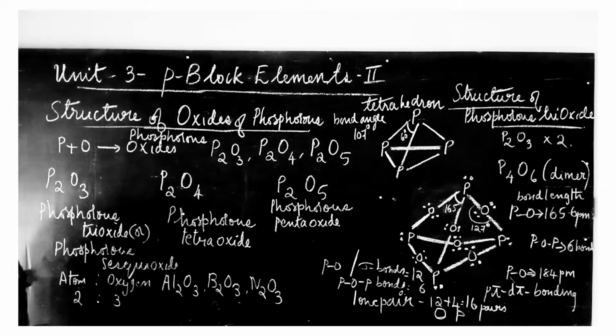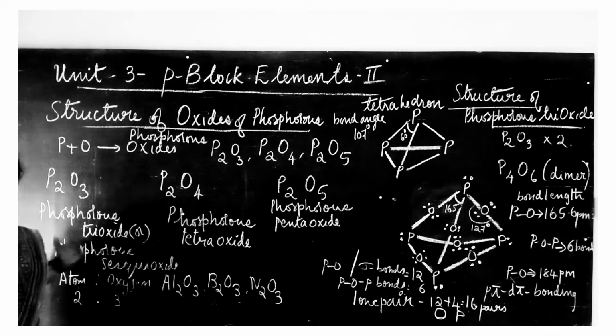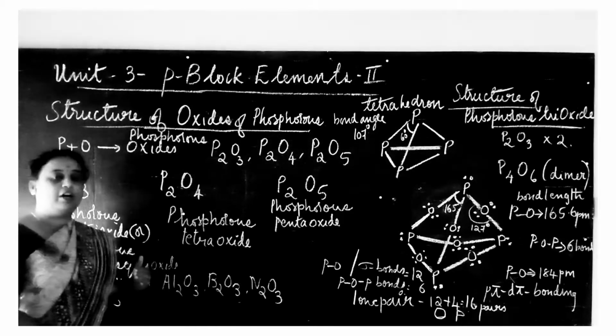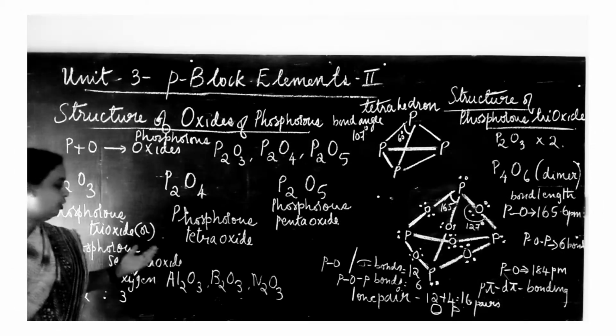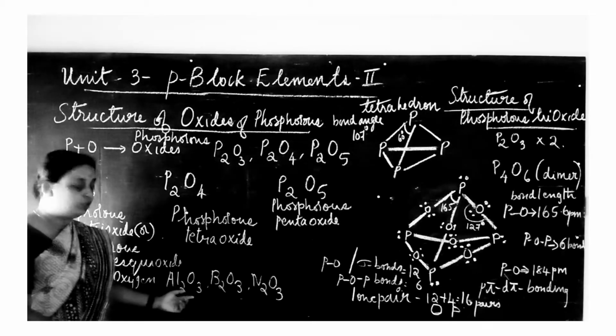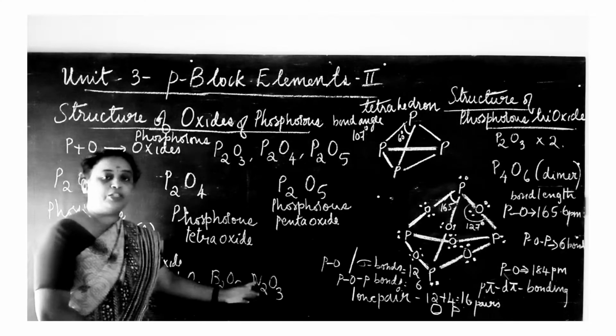So what do you mean by sesquioxide? Any atoms, when combined with oxygen in the ratio of 2:3, are called sesquioxides. Examples are aluminium oxide Al2O3, B2O3, N2O3.